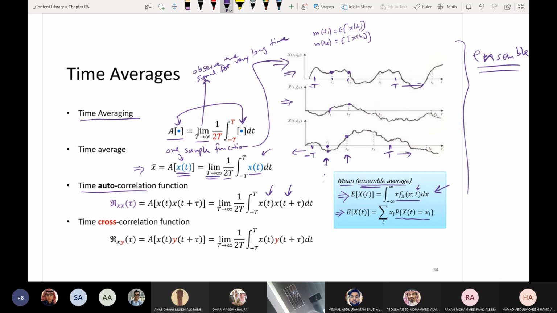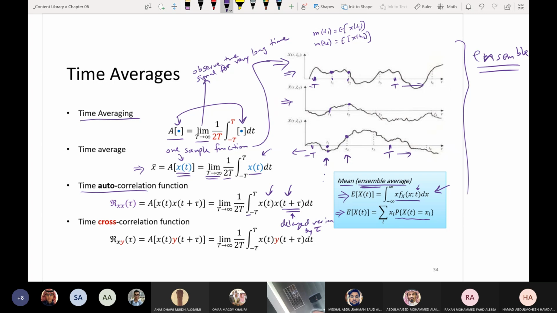I put them on top of each other, multiply them and integrate. This is called the correlation function or the correlation process. So I take the signal from minus T to T, I multiply it by a delayed version of it, which is delayed by tau.